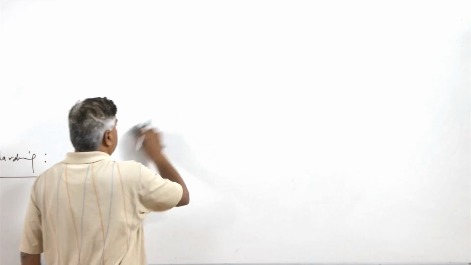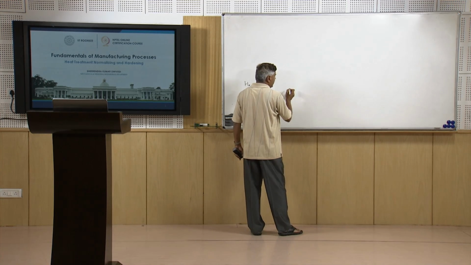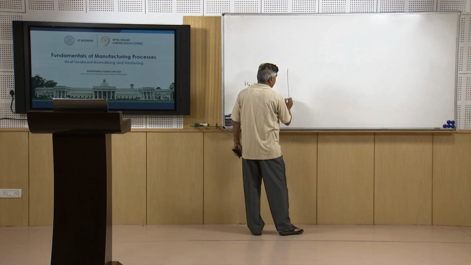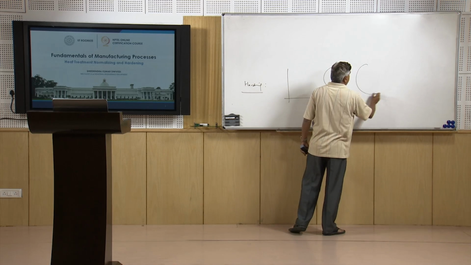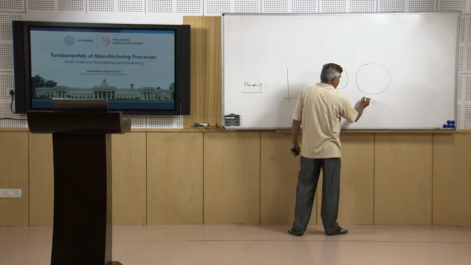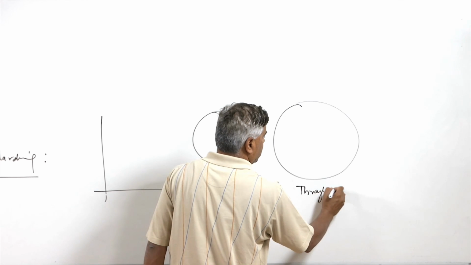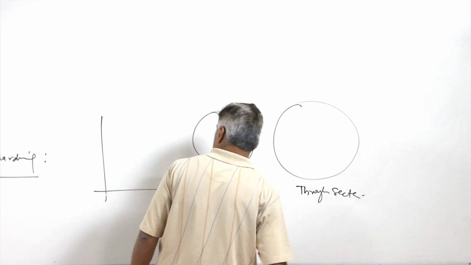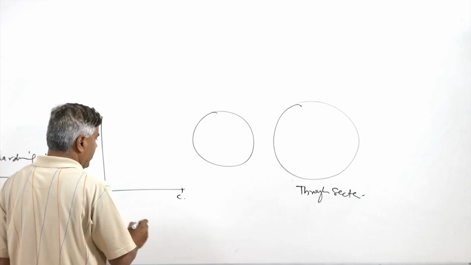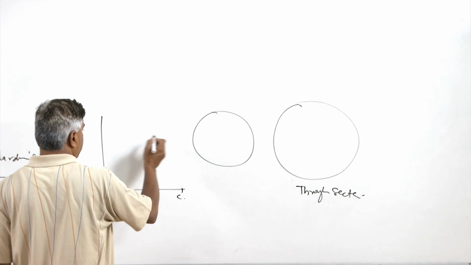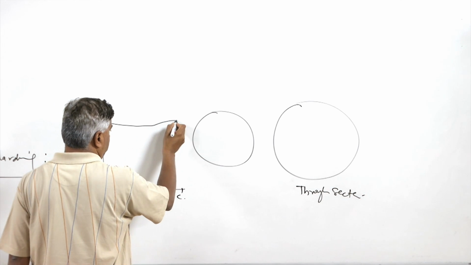Now we'll see the residual stress aspect related with the hardening. There are two variants of the hardening. One is the shallow hardening and another is the through thickness hardening. Let's take the through thickness hardening, or through section hardening. In this case, from the surface to the center, if the hardness variation is plotted, you will find that in the through section hardness there is not much variation.